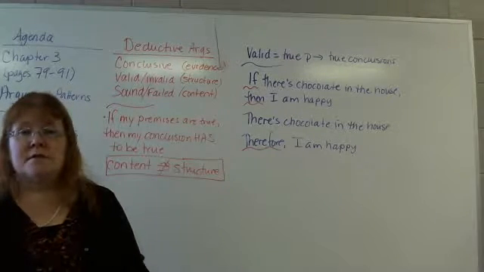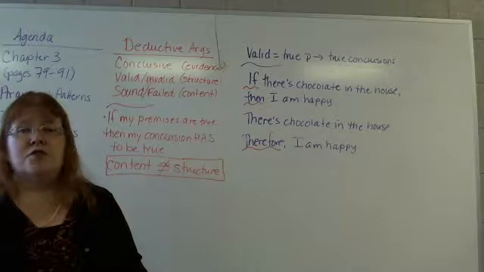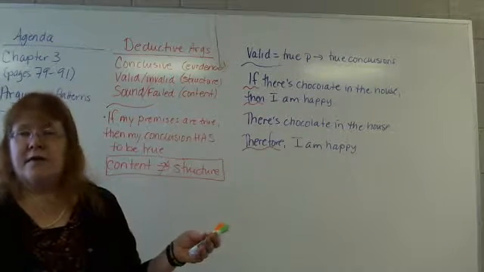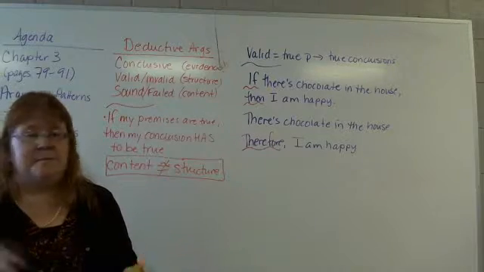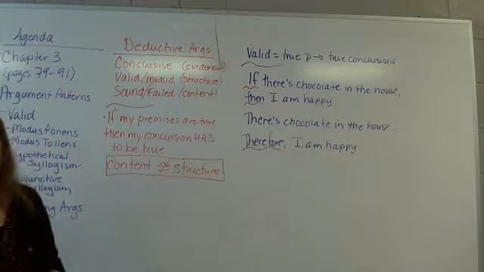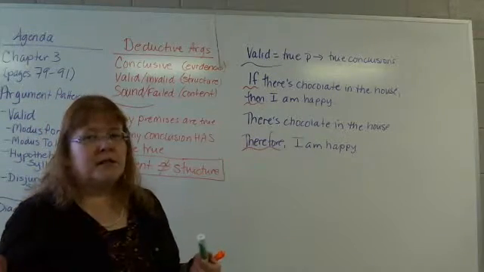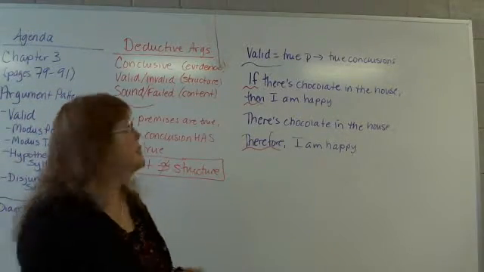Now you can use letters, you can use numbers, you can use shapes, you can use colors, you can change a whole sentence or a paragraph into one noun and be done. Whatever works for you, whatever makes the most sense to you, it doesn't get in your way of understanding the argument. Basically, we're creating a shorthand, okay?